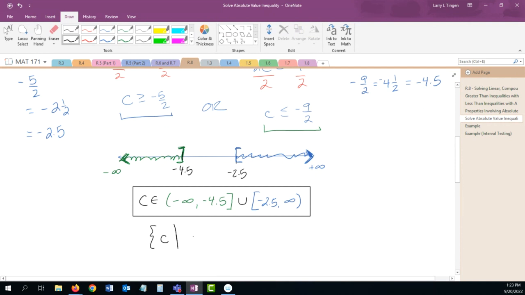Then you put in the inequalities that you found: C is greater than or equal to negative 5 over 2, or C is less than or equal to negative 9 over 2, and you close the curly brace.